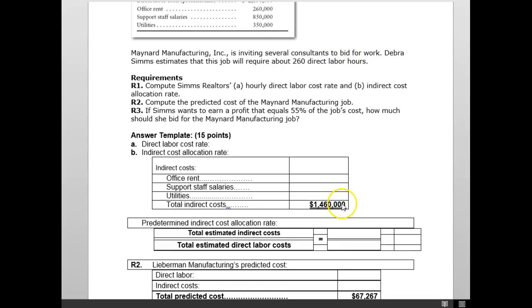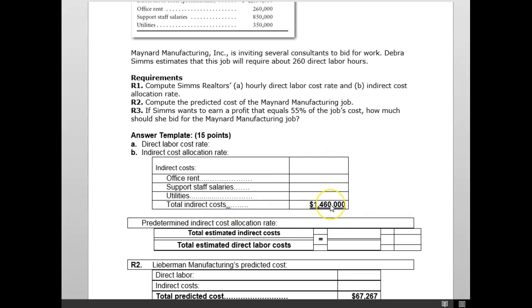Okay, so you have 1,460,000. You are going to use the estimated direct labor costs to find out the percentage for the predetermined indirect cost.